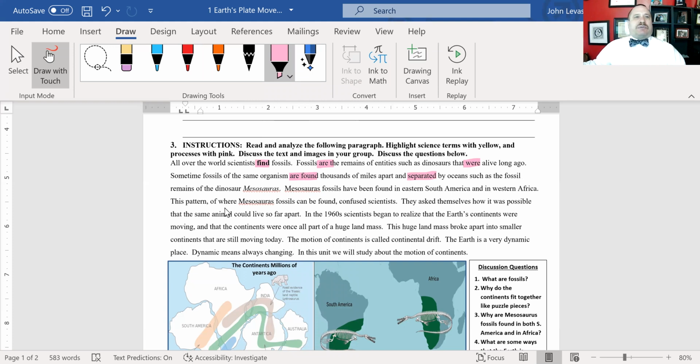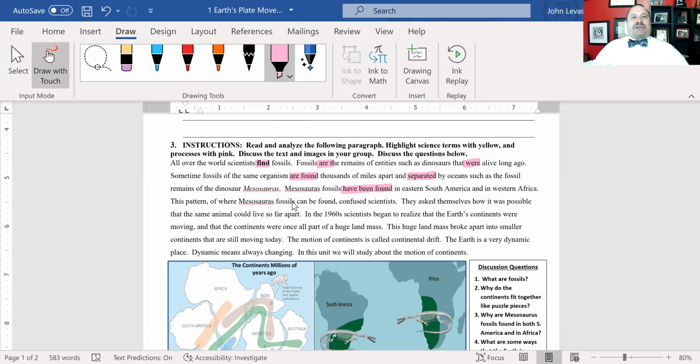Mesosaurus fossils have been found. See, it's 3 words, but it's one process. Even here, are found, 2 words make one process. Are found and are separated, so we're linking 2 processes together in that sentence.